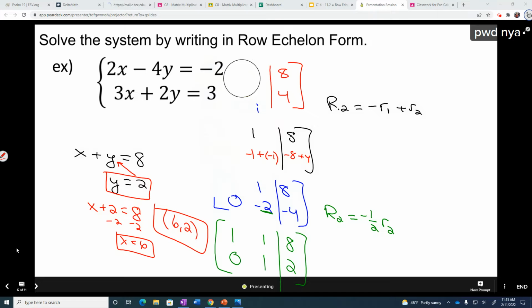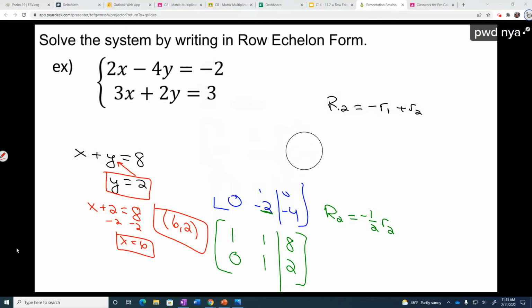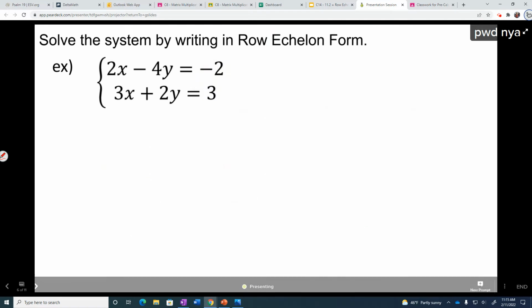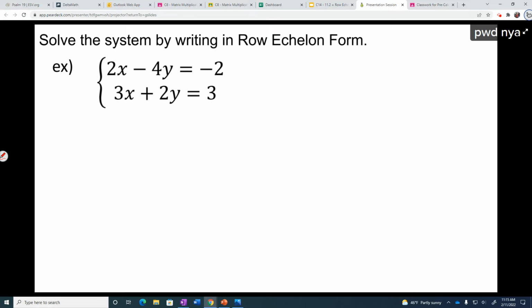All right, let's try this one. The first thing you got to do is just write out your augmented matrix there.